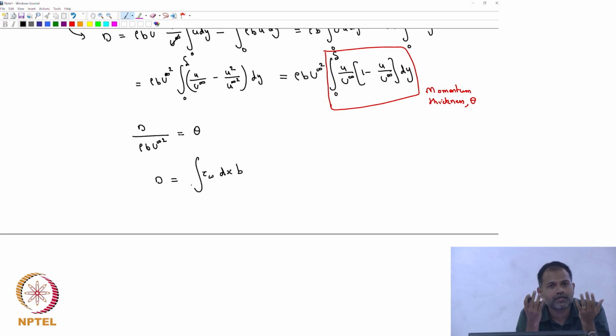The force exerted by the plate on the fluid is through the viscous stresses. So that is nothing but the shear stress. So that I have just integrated. Why have I done the integration? Because it need not be a constant.